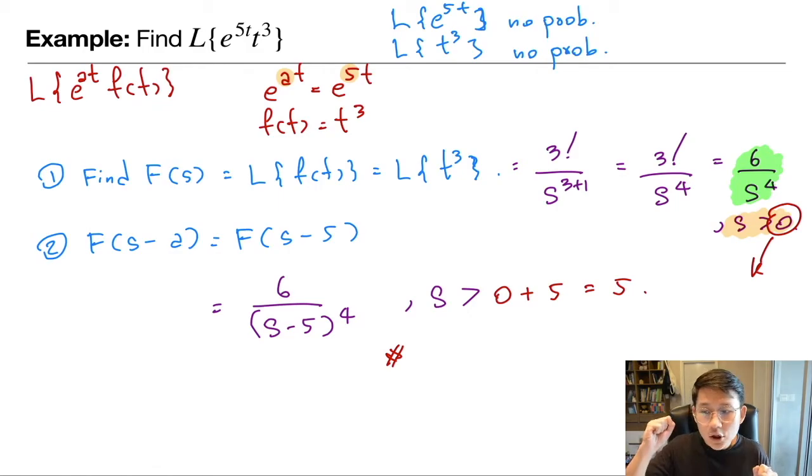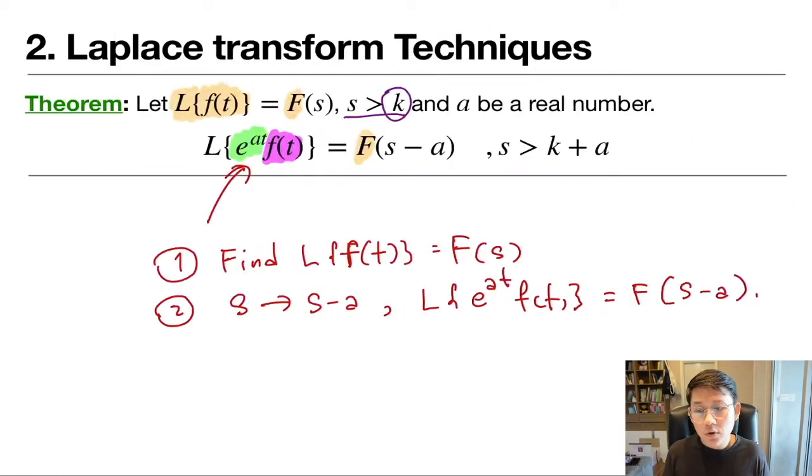And to do that, we need to apply this theorem, which says that if you want to find the Laplace transform of e to the at f(t), you just need to find the Laplace transform of f(t) first, and then you shift.